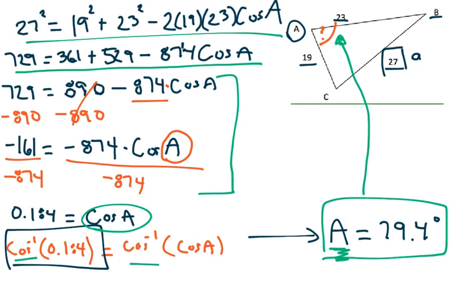Now, like we did in the previous problem, we are going to do the inverse cosine of both sides.